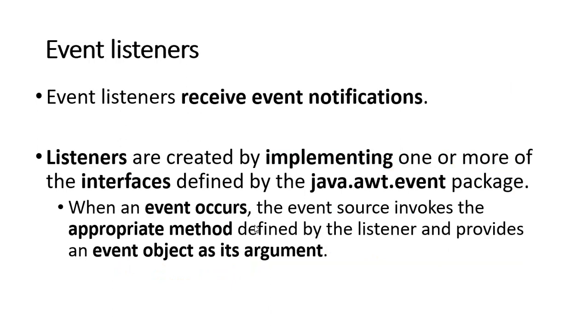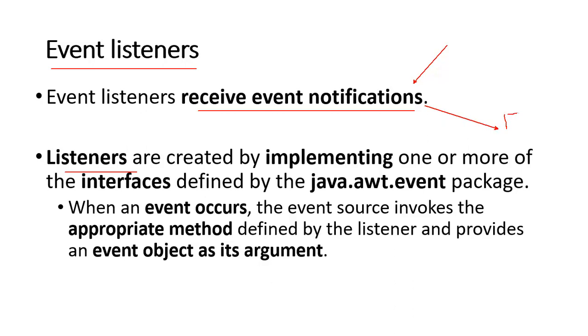Let's look at another type of class that we are supposed to know, and that class is the event listener. Now we are all familiar, event listeners are those classes which receive the notification from the source. Now all these listeners must receive the notification and must perform some standard operation.